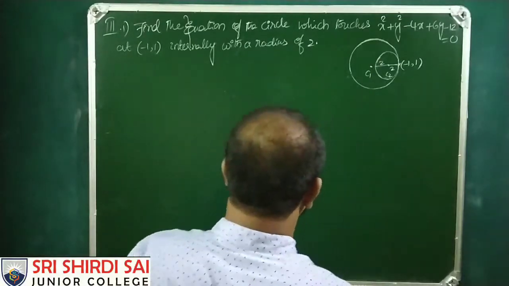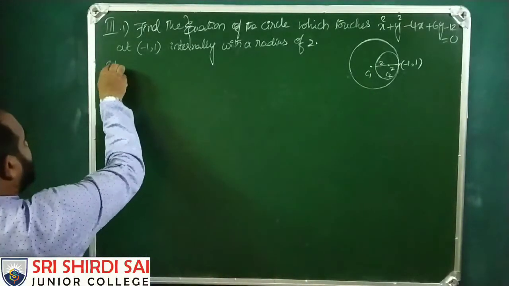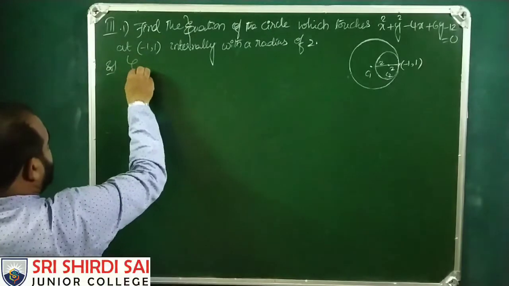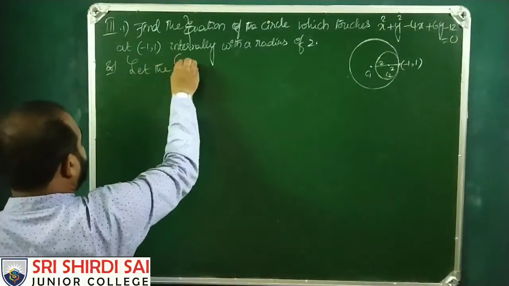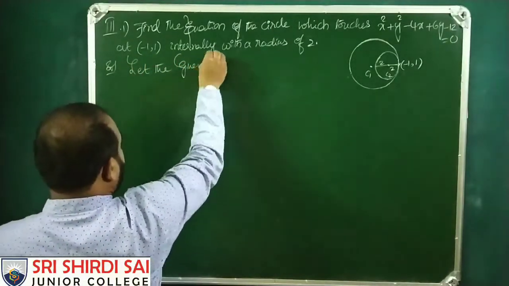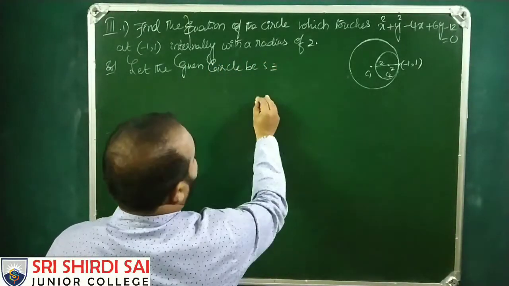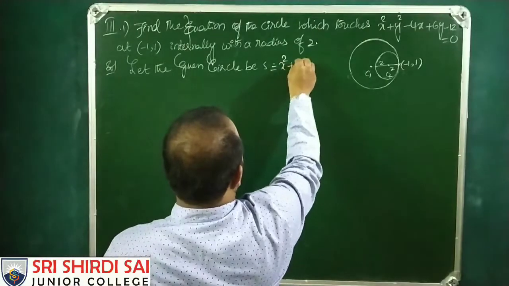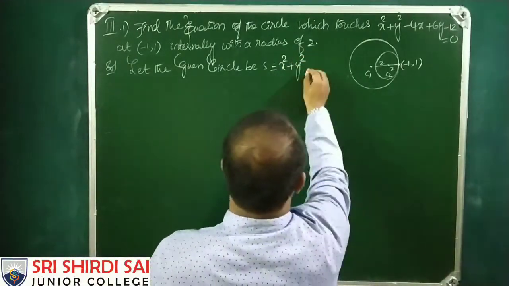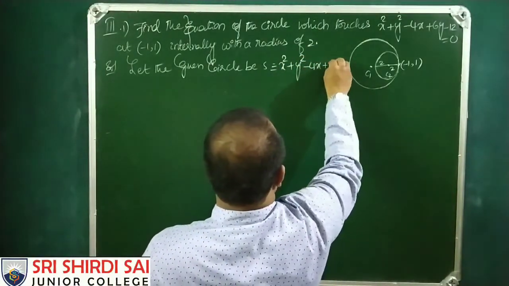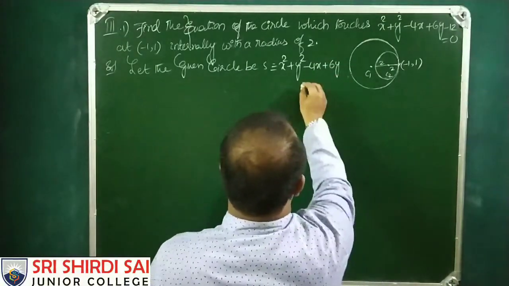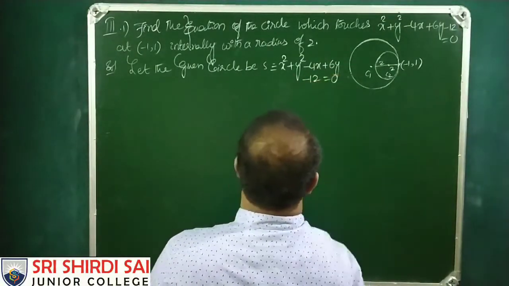So solution: let the given circle be x square plus y square minus 4x plus 6y minus 12 equals to 0.